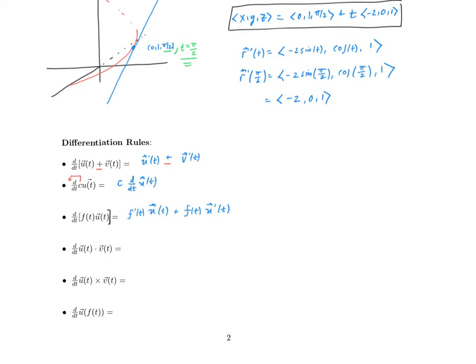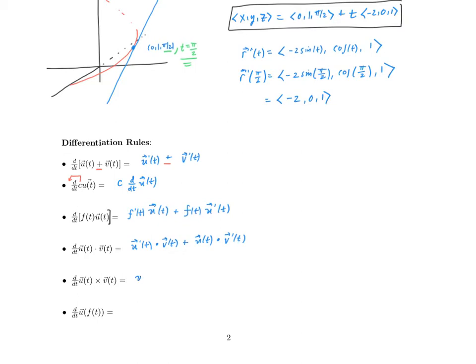We can do the exact same thing with the dot product. We can think the derivative of the first times the second plus the first times the derivative of the second. And the only thing changing here is what we mean by times. So if we start off with the dot product, it's the derivative of the first dotted with the second plus the first dotted with the derivative of the second.